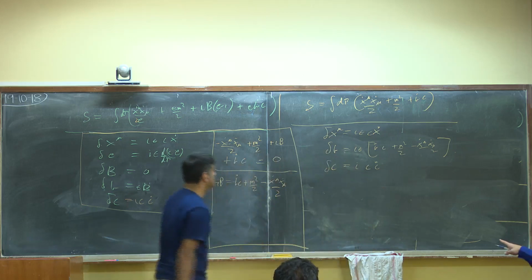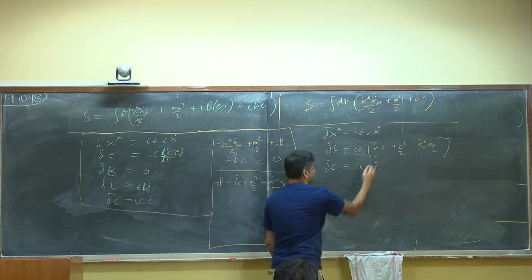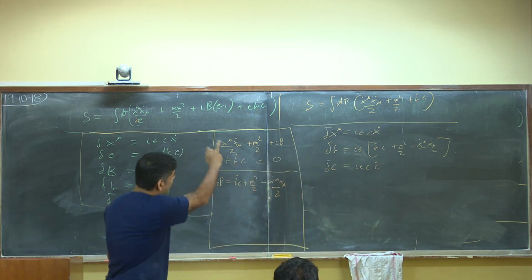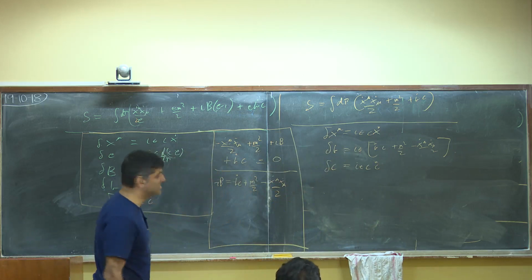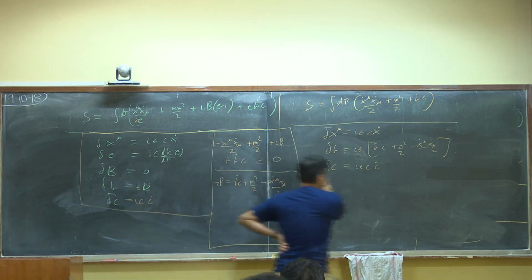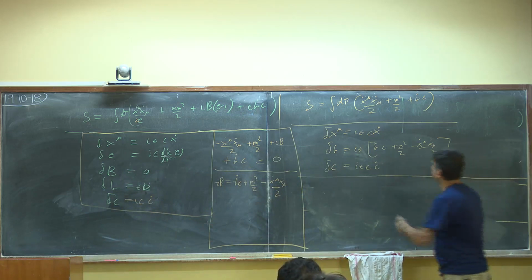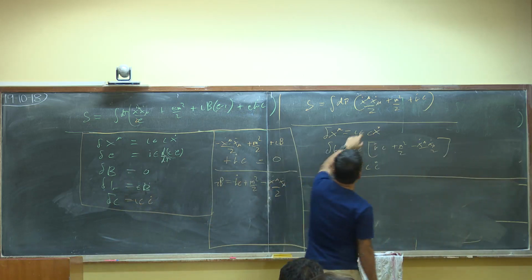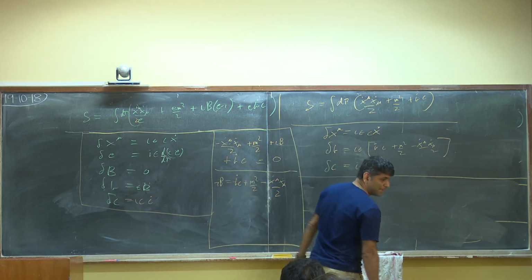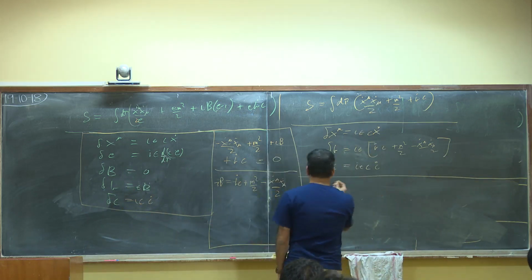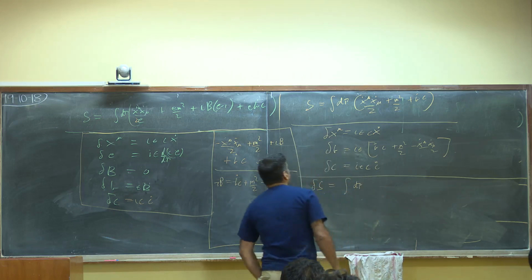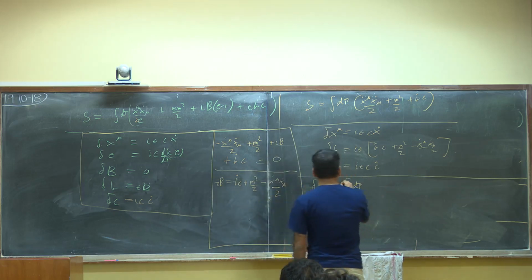There will be epsilon equal to epsilon c theta. I'm going to check anyway that this thing is a symmetry of this action. So let's just go ahead and vary. What about the first term? In the first term there's a 2, but there are two places, so the 2 cancels. So delta S is equal to the first term, d tau. Let's take an i epsilon outside everything.